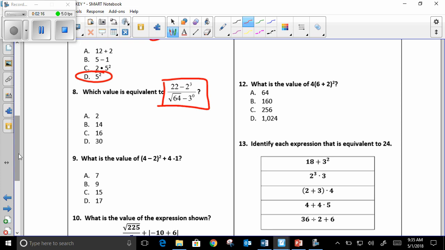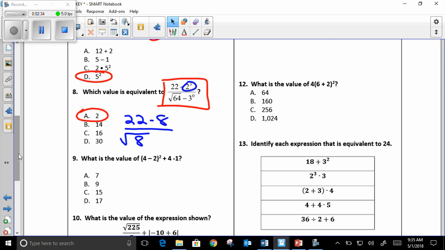Rachel? A is correct. How did I get that? Well, let me go over that with you real quick. The first thing you need to do is your exponent here. So 22 minus 8 divided by the square root of 64, which is 8. You can go ahead and solve that. I'm going to erase this and just make it 8.